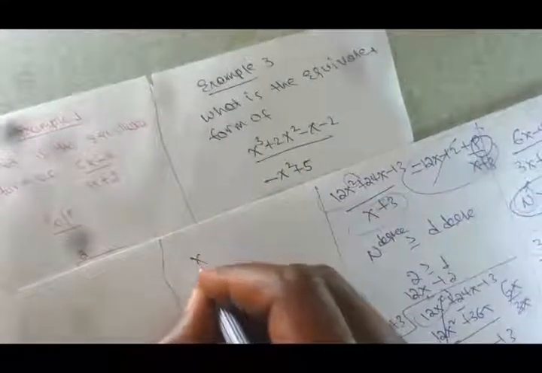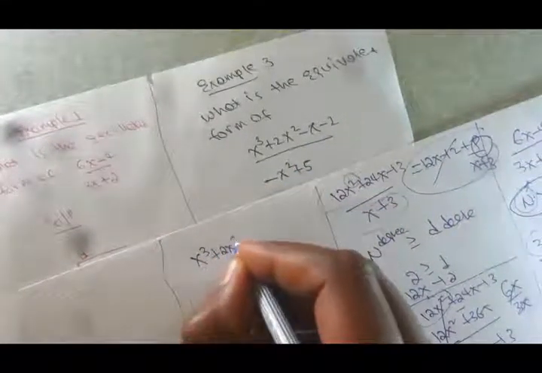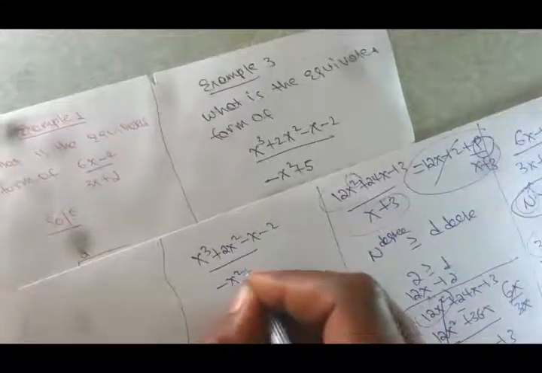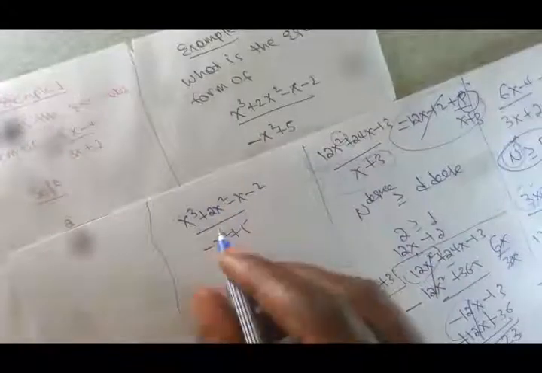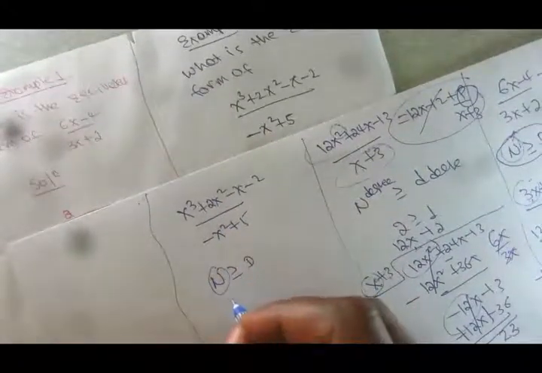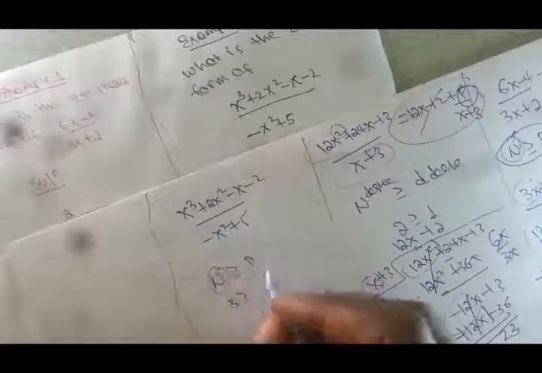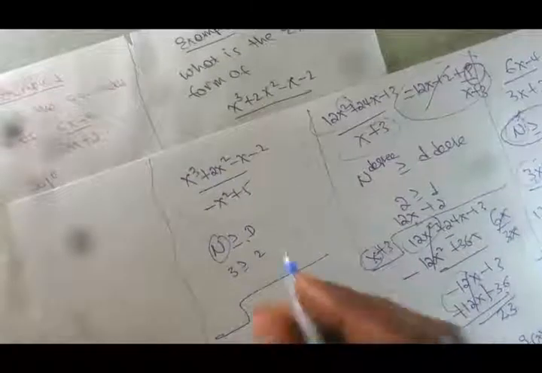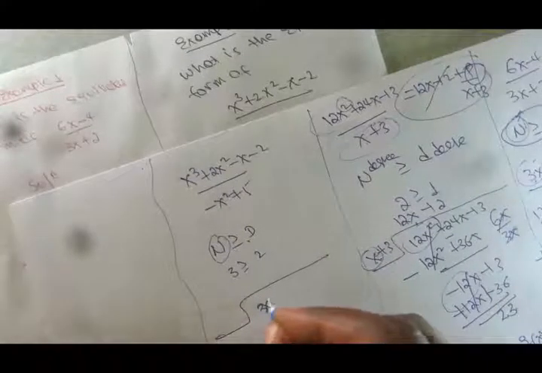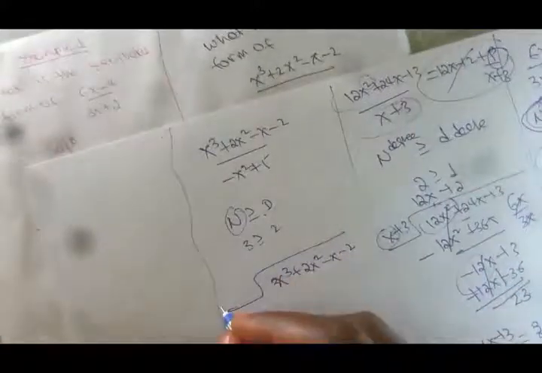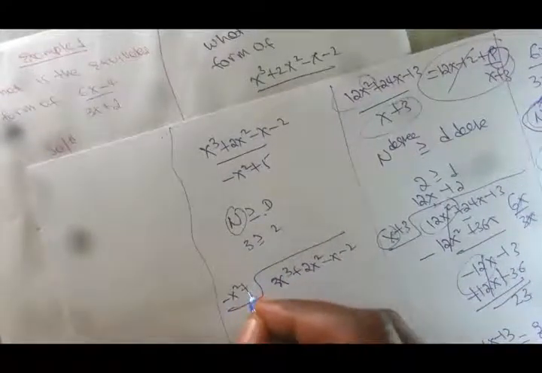Example 3 is: what is the equivalent form of x cubed plus 2x squared minus x minus 2 over minus x squared plus 5? Since the degree of the numerator is greater than the degree of the denominator, with numerator degree 3 and denominator degree 2, therefore 3 is greater than 2, we make a long division. The dividend is x cubed plus 2x squared minus x minus 2 and the divisor is minus x squared plus 5.